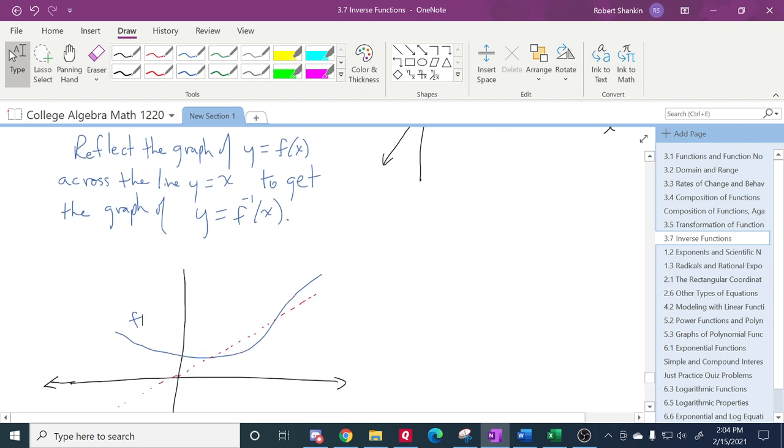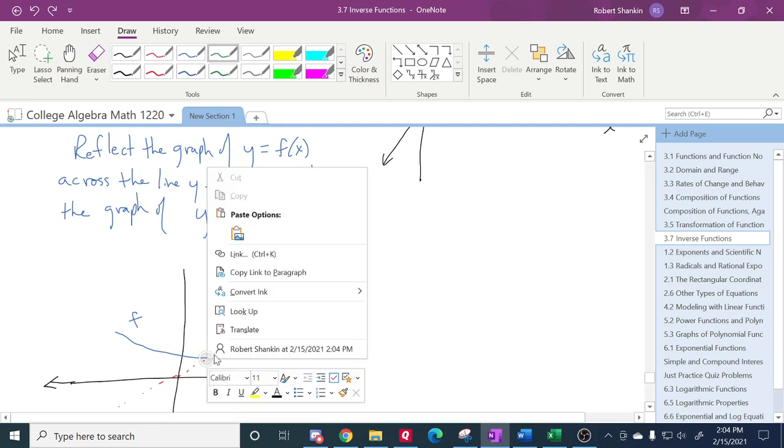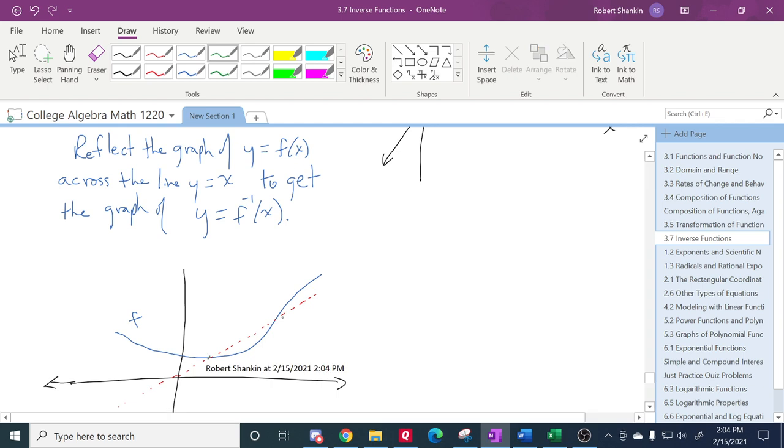And so, if we folded our paper across this y equals x line, this point doesn't move. This point doesn't move. This part winds up looping over on this side, like this.